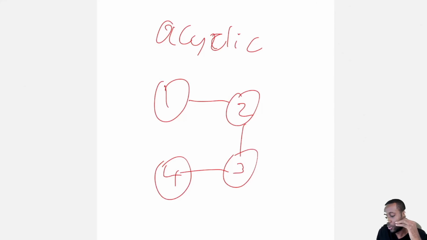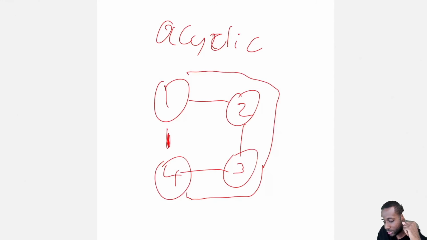We can go from 1 to 2, from 2 to 3, from 3 to 4, because we removed that edge. That edge does not exist, so we don't have a cycle.